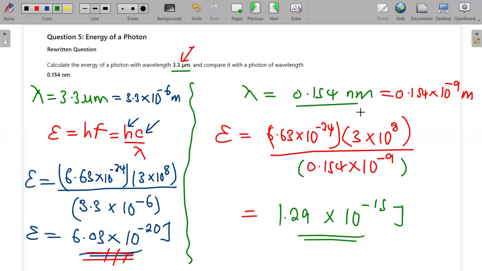So the question was what? Calculate the energy and compare. We can now make the comparison between this photon that has this energy and this photon that has that energy. When you look at these values, this is times 10 to the power minus 20, and this is times 10 to the power minus 15.